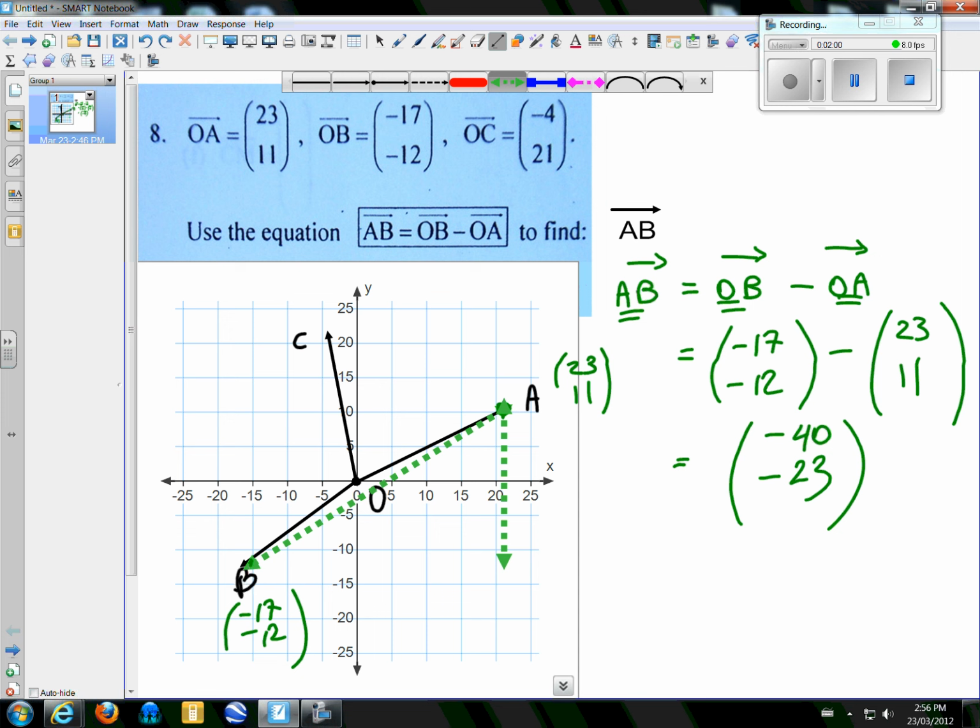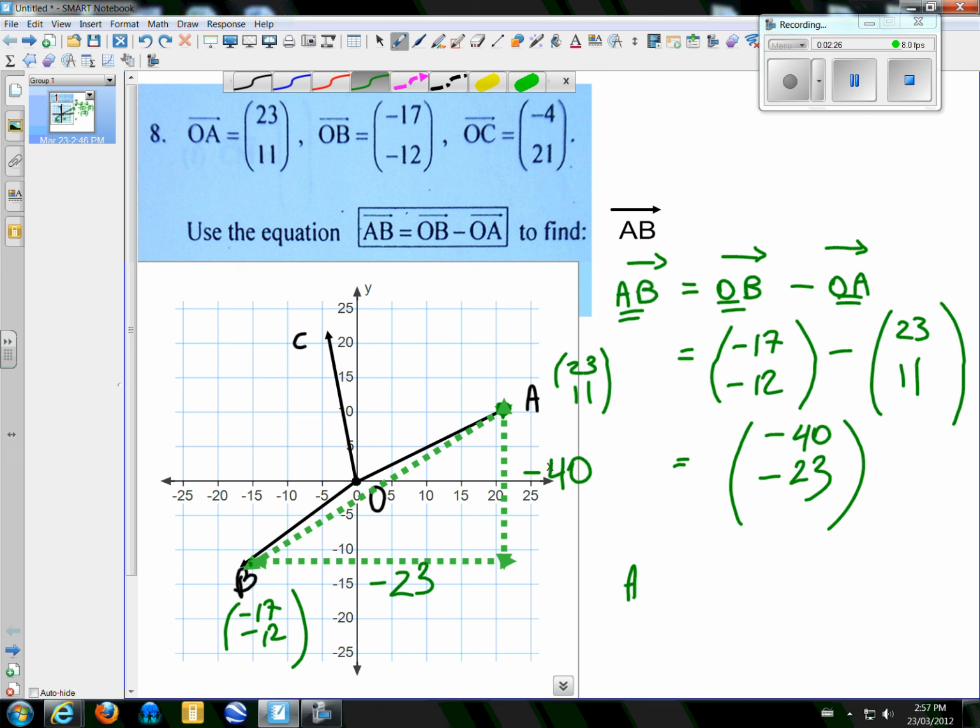And then go left 23, so it's down 40 and left 23, that definitely maps onto B. So that is the quickest way of getting from A to B, going down 40 and over 23. So that's the answer we're looking for. We'd say that vector AB is equal to negative 40, negative 23.